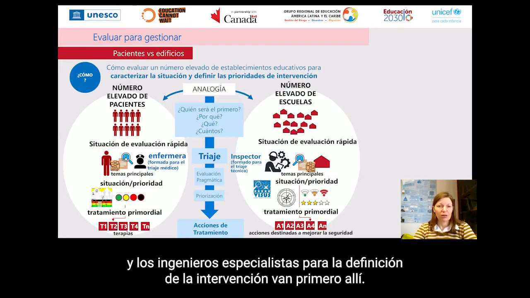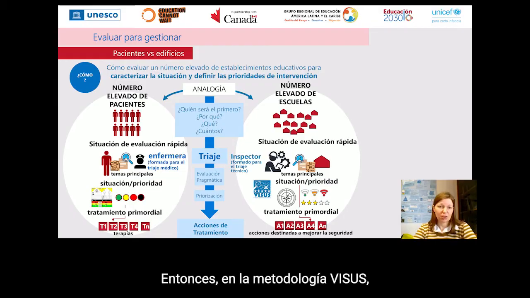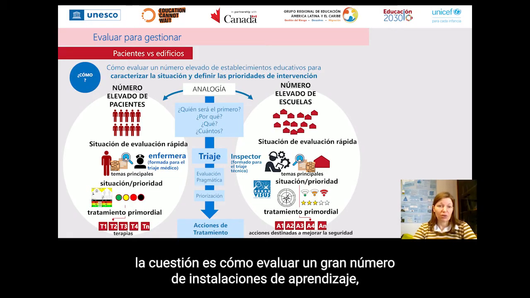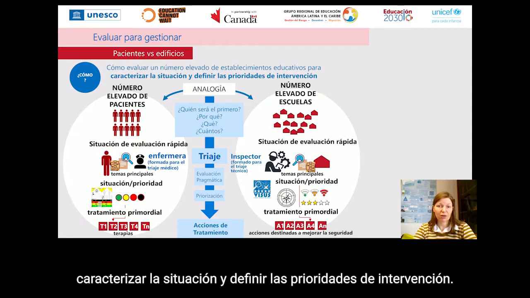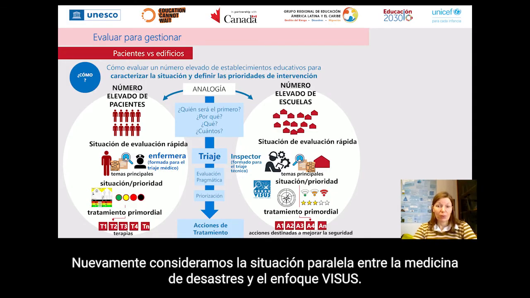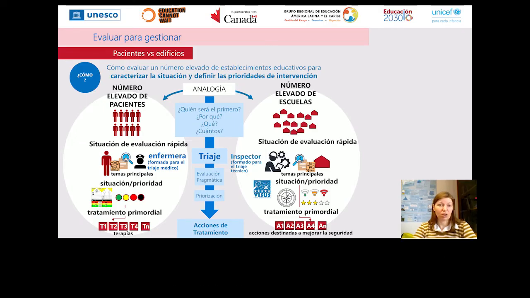intervention. So, in the Visus methodology, the question was how to assess a large number of learning facilities for characterizing the situation and defining the priorities of intervention. We considered again the parallel situation between disaster medicine and the Visus approach, and we have this analogy that guides us during the entire path.